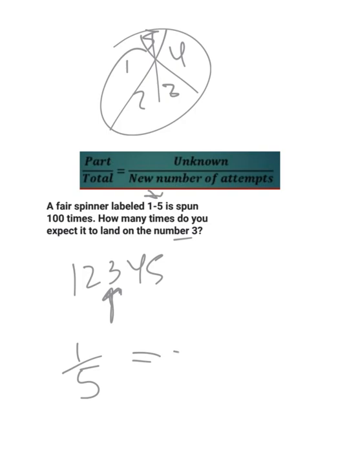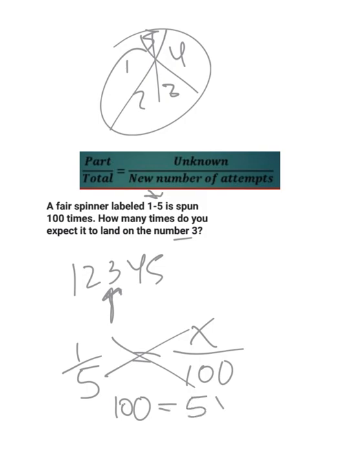Now we'll set that to 100 spins and see how many 3s we should get. So 1 times 100 equals 5 times x. And we'll divide both sides by 5 to get x is equal to 20. That would be 20 times.